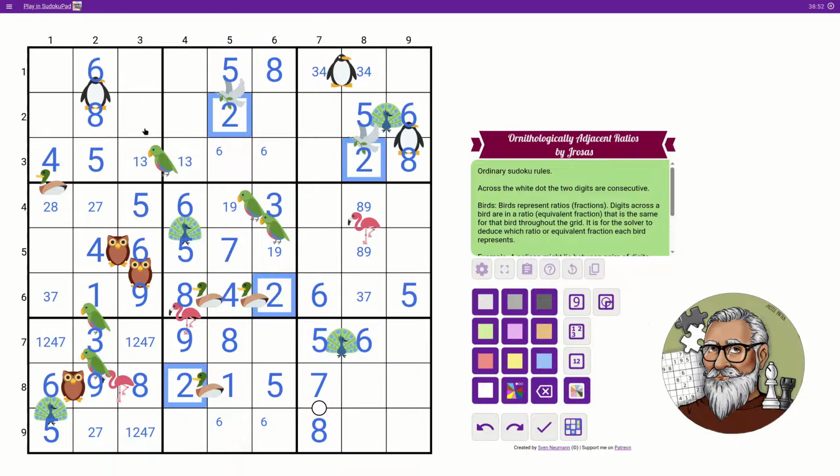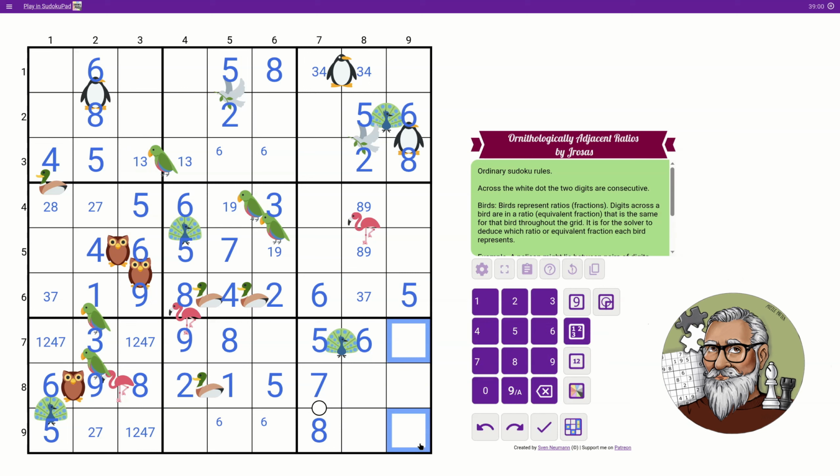That is interesting. Do I pencil mark? Well, one of those is 2. So one of these is 2. That's really not helping. Well, eventually it will, but for now it isn't.